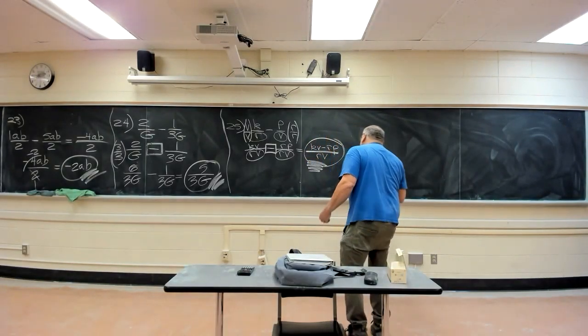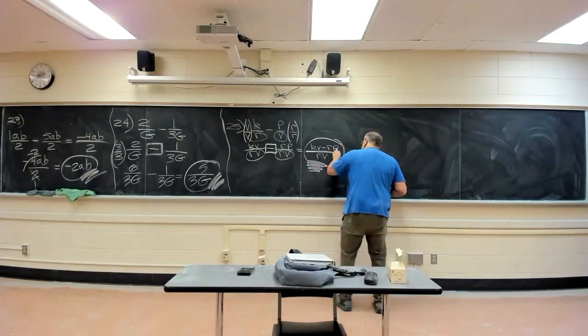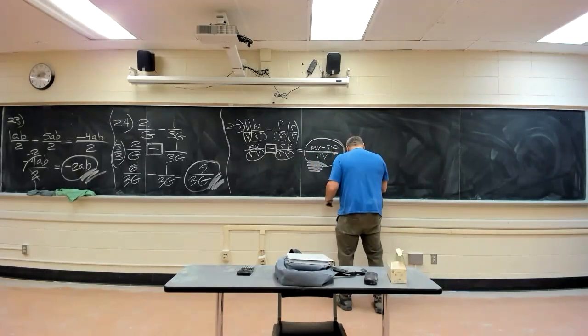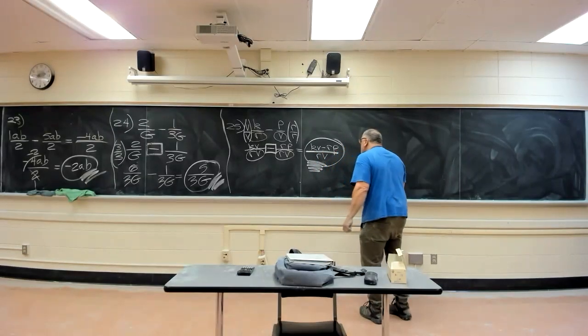And they call it PR. I call it RP. That doesn't matter. KV minus RP, that entire difference over RV. That sounds good to me.